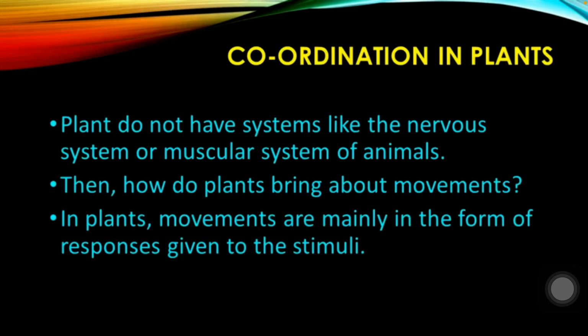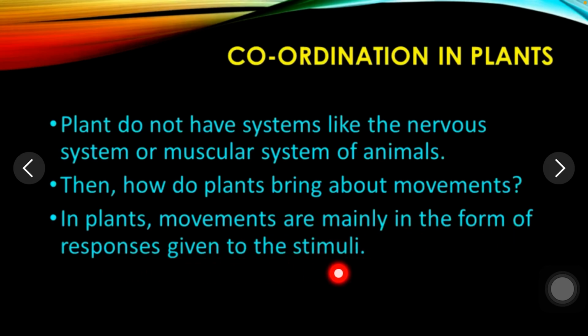The next topic is coordination in plants. Plants do not have systems like the nervous system or muscular system of animals, as you all know. Then how do plants bring about movements? In plants, movements are mainly in the form of responses given to stimuli.